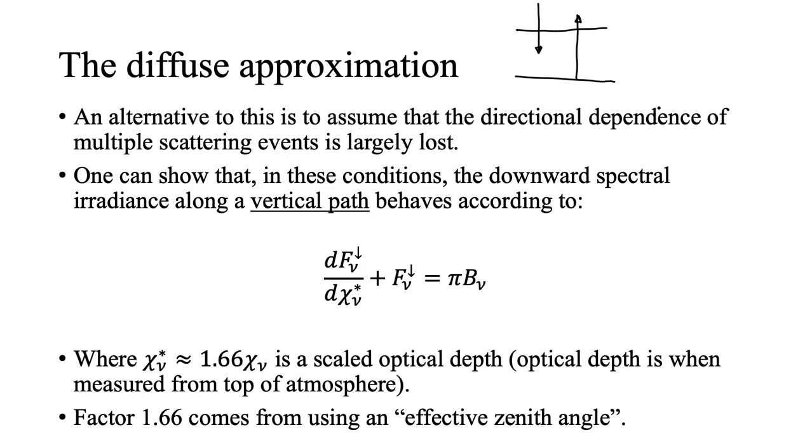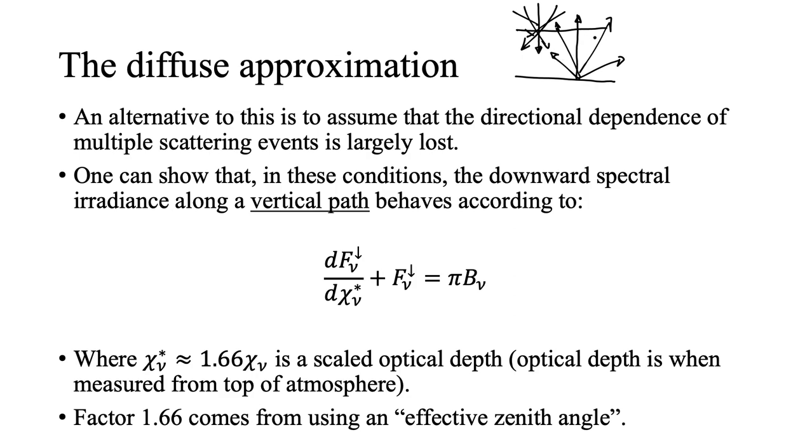Now, if you were to use the correct spectral radiance values for these particular perpendicular directions, then you would miss all the photons that are coming in at an angle and those that are going out at an angle.